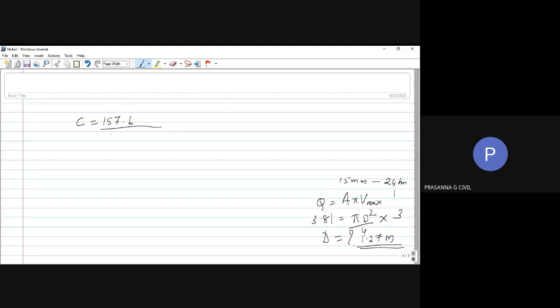Okay, this is the formula. C is equal to 157.6 divided by 1.81 plus K divided by root of R. K is your, again, that imperviousness coefficient. And they are giving that K equals 0.3 for smooth concrete lined surface. R is same as your A by P.